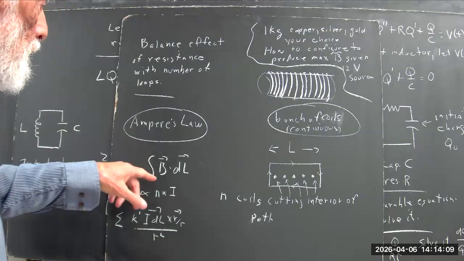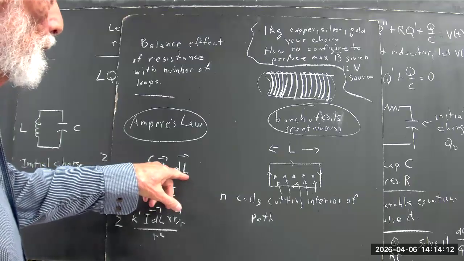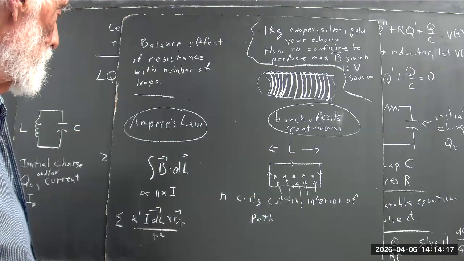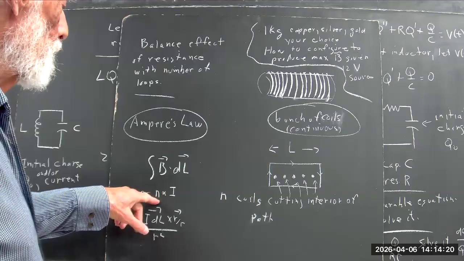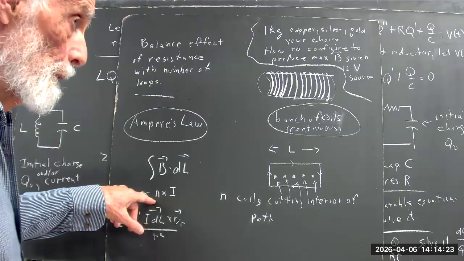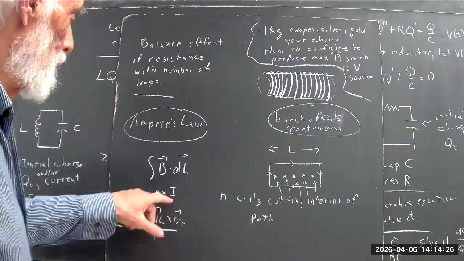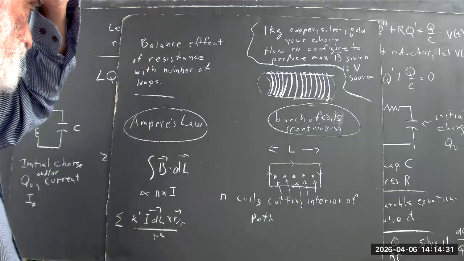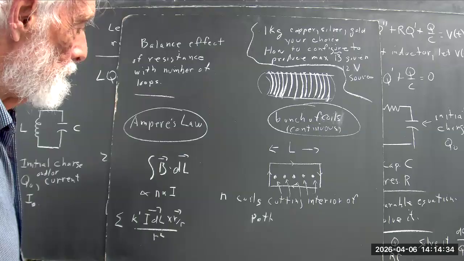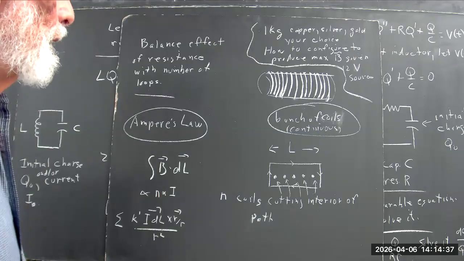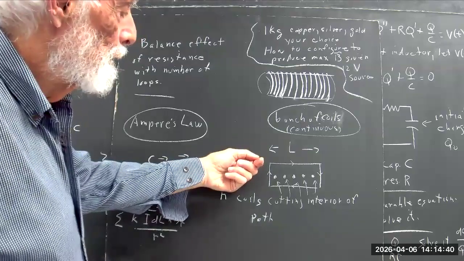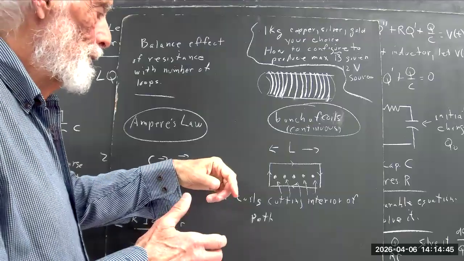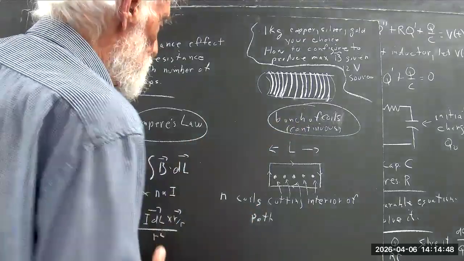Ampere's law says that the integral of the magnetic field dotted with your length increment is going to be proportional to the number of coils cut by this path times the current in a given coil. I'll observe that if the coils are going in this direction, then the magnetic field is going to be in this direction.